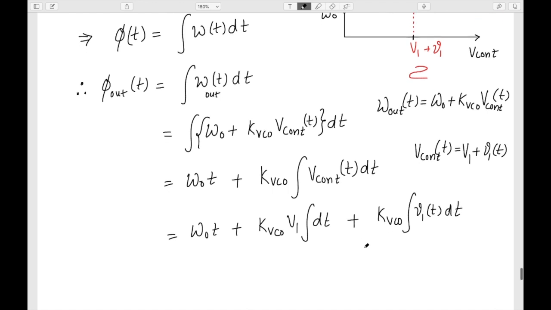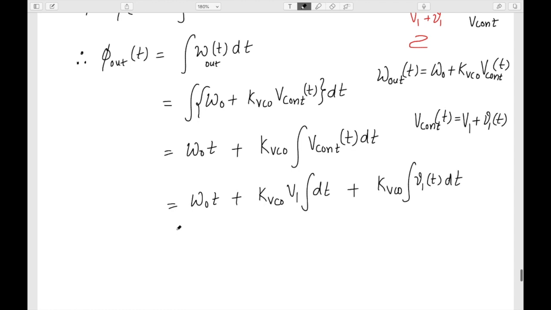And again the integration of t stays, and then I can just sum it.